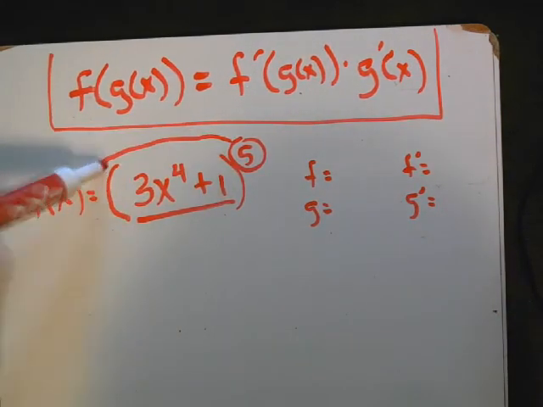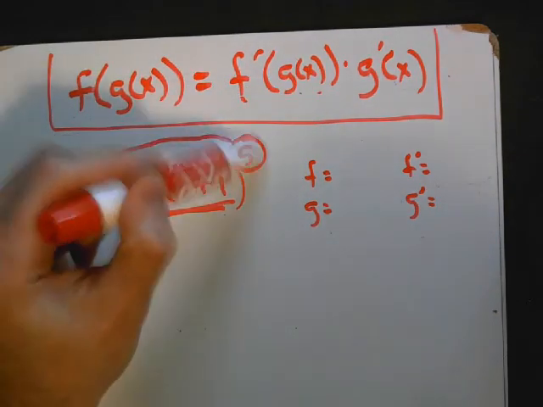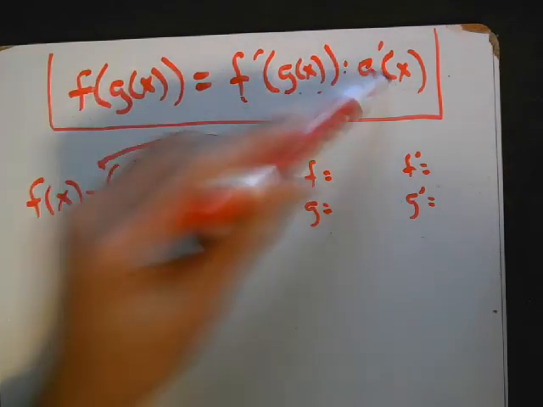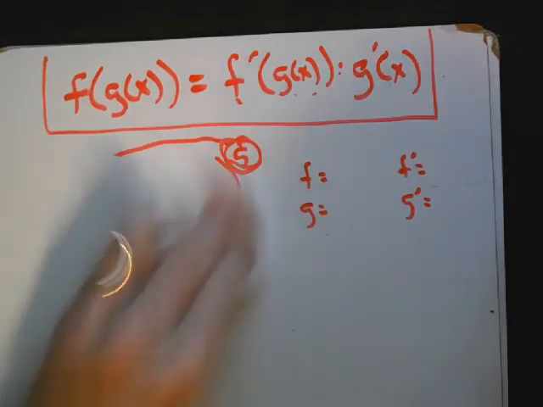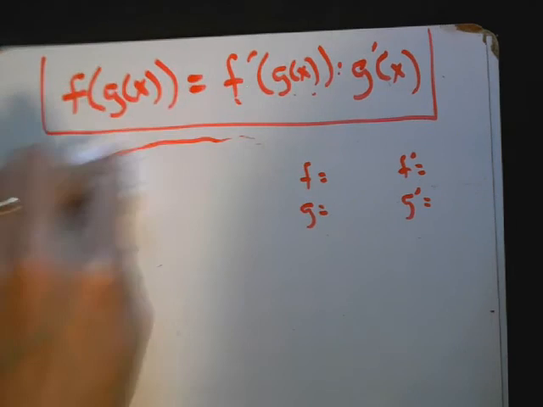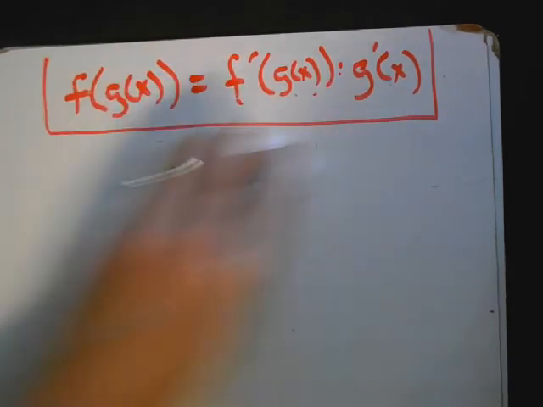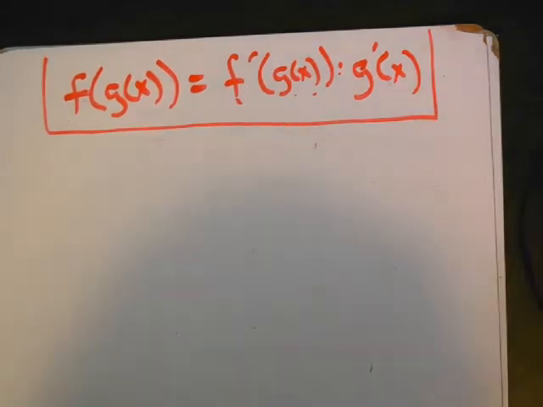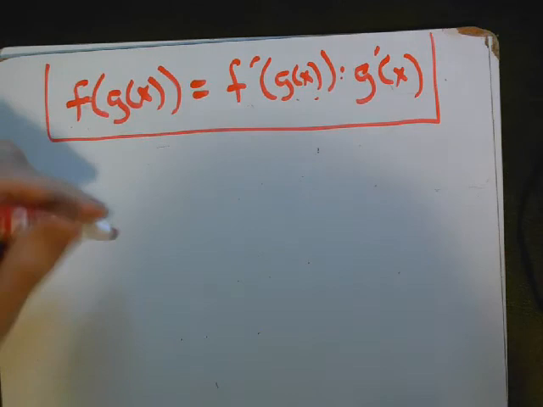Essentially all it was, was taking the exponent out front, rewriting the inside, so that's this piece, and then subtracting 1, and then taking the derivative of the inside. Okay, so I'll do an example more like that on my next video, but for this one, I just want to stick to a basic trig problem. Okay, so hopefully that last 30 seconds there just kind of brought back a few reminders.